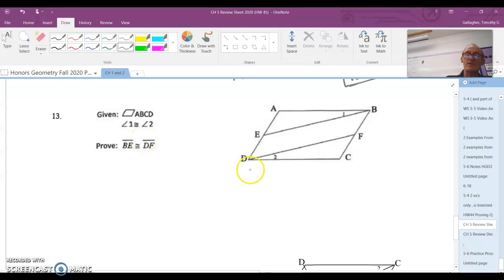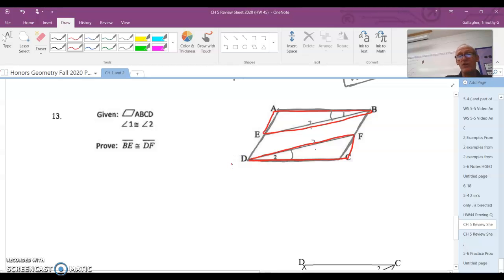Well, maybe not. So anyway, the way we're going to do this is a parallelogram, and then angle 1 is congruent to angle 2. Now, we want to get BE, which is this segment, congruent to this segment. So I'm hoping you can see that it's this triangle we want to get congruent to this triangle.